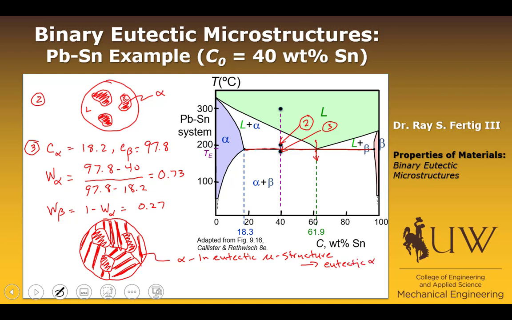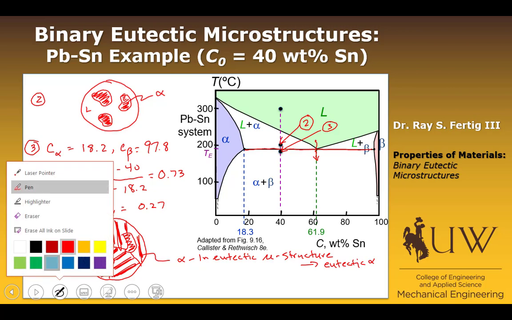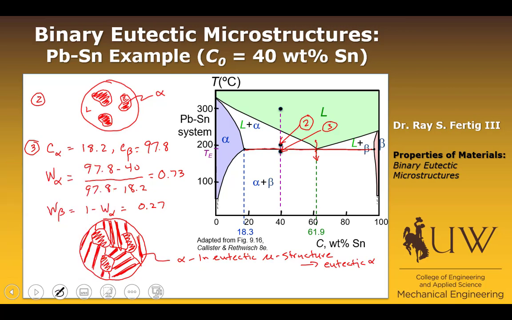Okay, and I'm going to use a different color, let's say blue. So now this is pointing to the region that existed before the eutectic transition. So the alpha that was prior to the eutectic microstructure is called primary alpha.